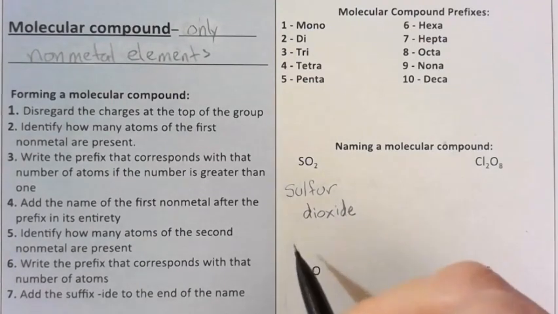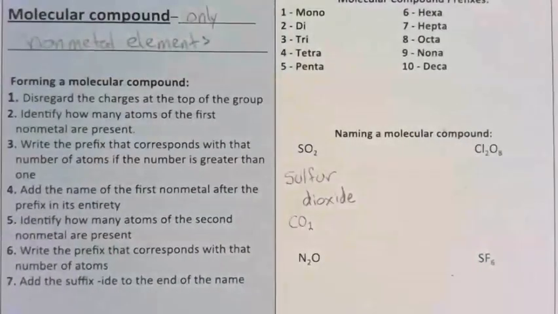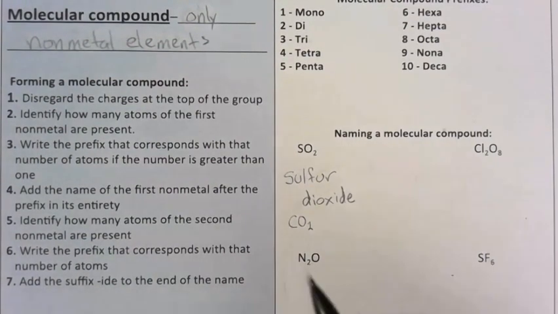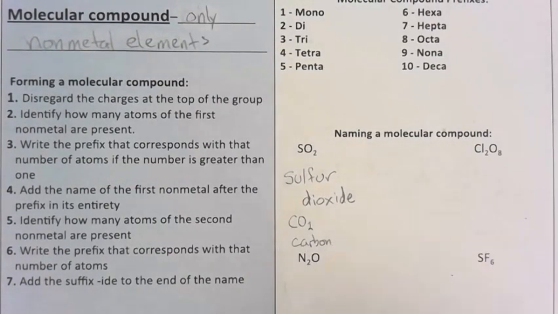And the example that I use that really kind of sends this home is this formula, which we should all be pretty much familiar with. The stuff we exhale, plants breathe it. It's a greenhouse gas. It's been in the news a lot lately. We don't call that monocarbon dioxide. Okay, so just saying the name carbon is enough to indicate that first element is by itself.